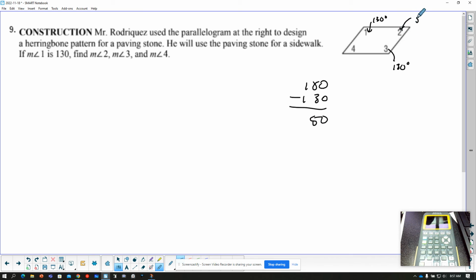So I know this one is 50 and this one is 50. So measure of angle 2, angle 3, angle 4. 2 and 4 are both 50. Angle 3, 130.